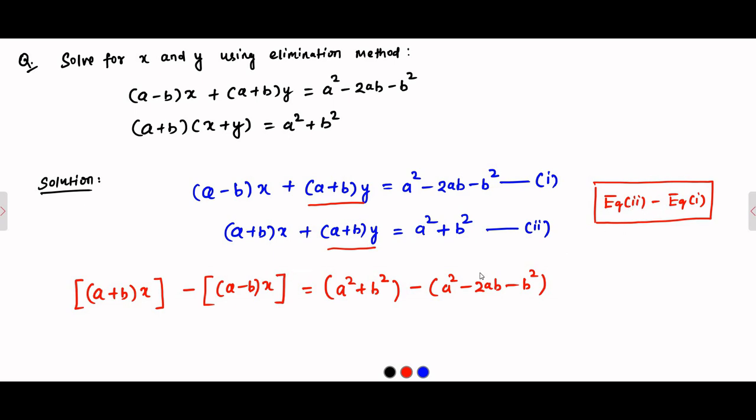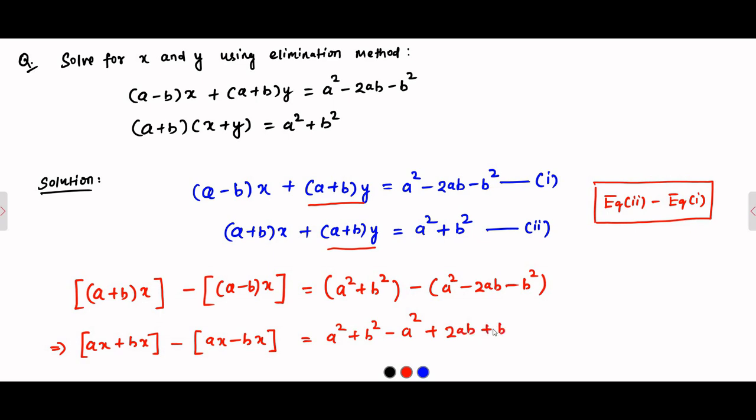So we have, that implies (ax + bx) minus (ax - bx) is equal to a² + b², we'll open the bracket, minus (a² - 2ab - b²).